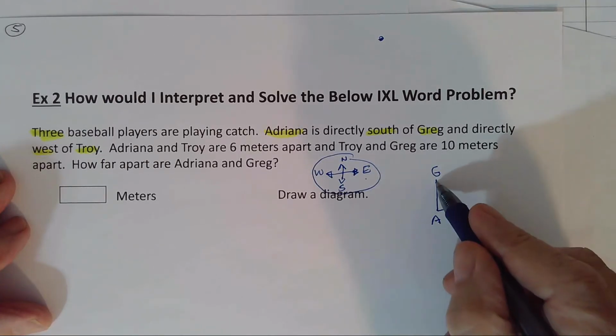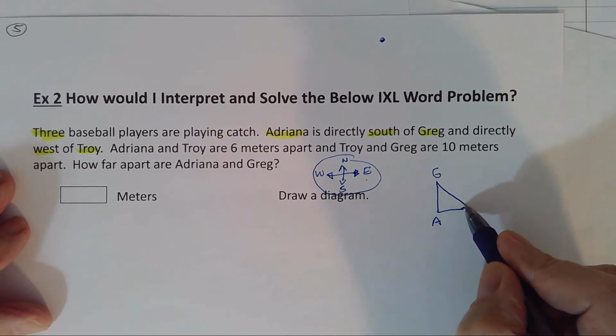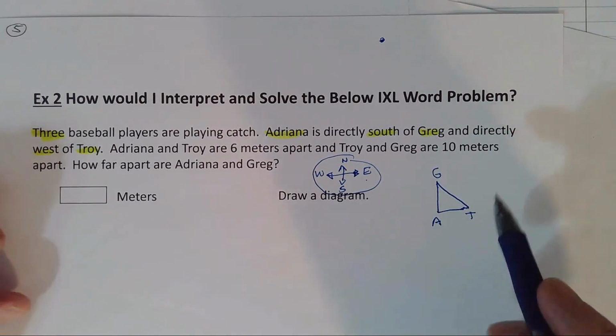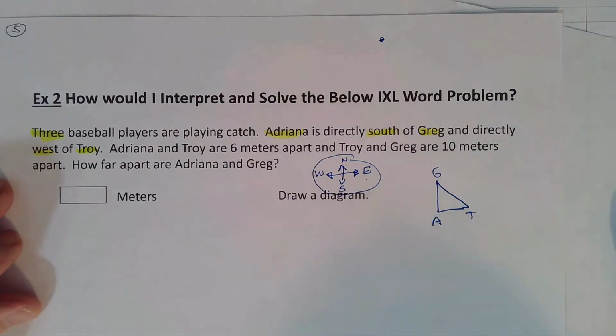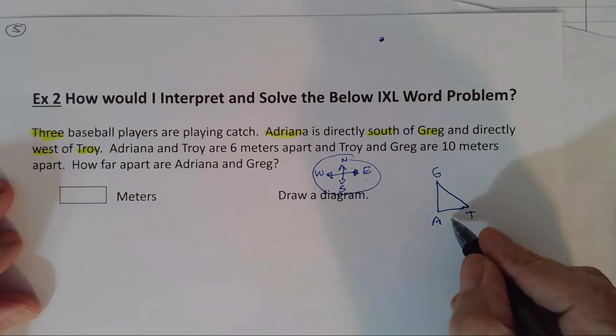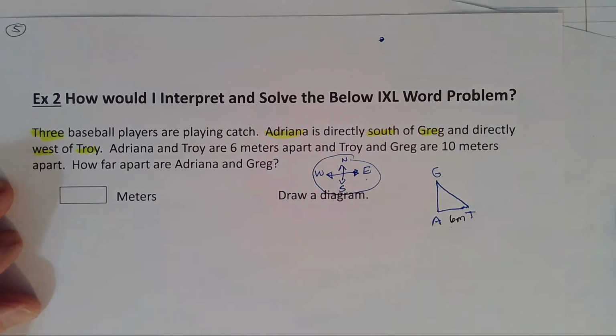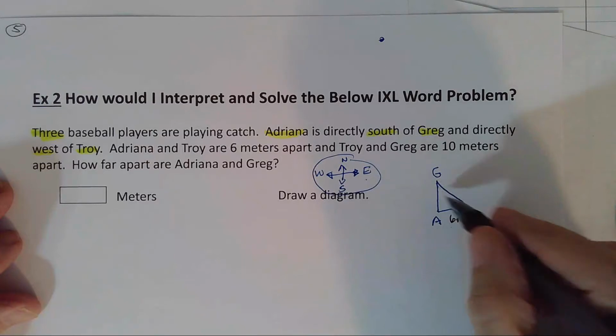What does it form? Aha, triangle. Now they go on to say that Adriana and Troy are 6 meters apart. Here's Adriana, here's Troy, 6 meters. And Troy and Greg are 10 meters apart. That's over here.